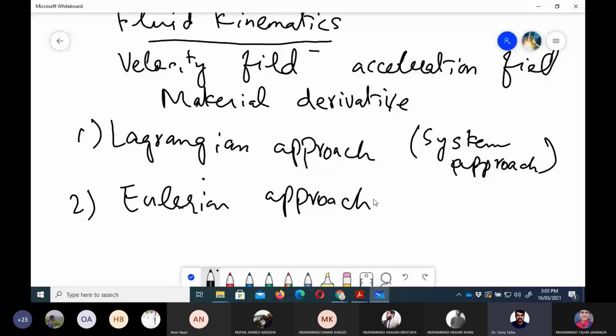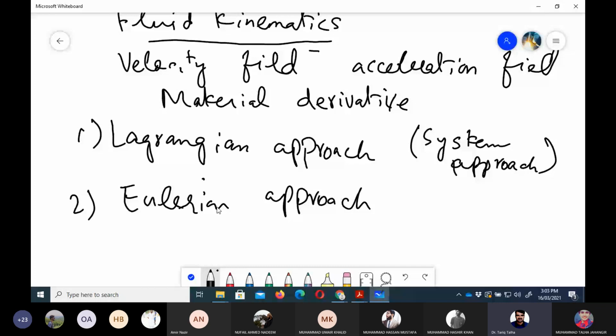But if you travel on a road and there is some traffic police sitting with a speed gun, they are going to record your speed when you approach them. So that is the Eulerian approach, right?